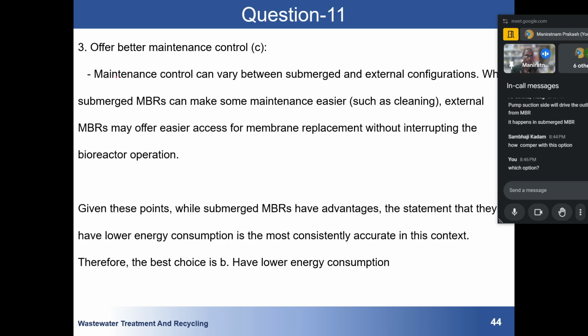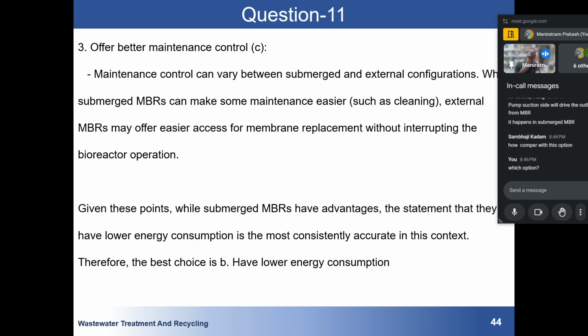But based on whatever I have studied in the past, I can only say that submerged MBR requires less energy as compared to the external configuration. I hope this is clear to you, but I will try to get back to you in the next session, if you attend, and answer it in a more detailed way. I have to look into it.